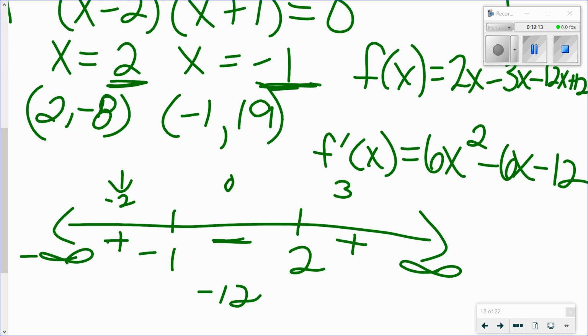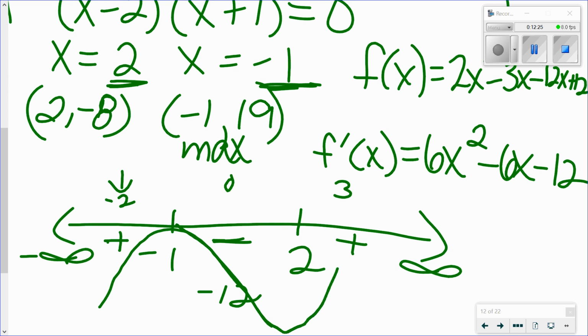Okay, that means it's going up on this side and then down on this side. So the point -1, 19 is a max. We're going down here and then up on this side. So that's a min. So this point is a min. I like to draw the pictures in.